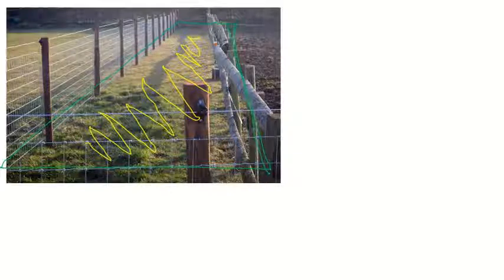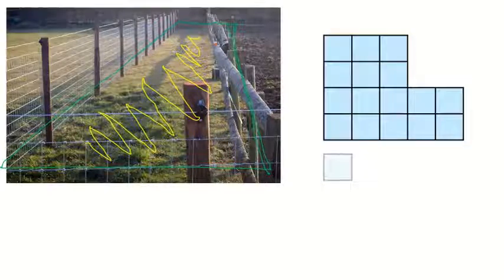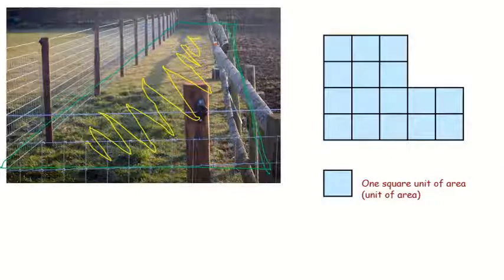They can then count up the number of units of fencing around the edge to determine a perimeter. So in this case, they could count the squares for the area, and we can then even count the number of fences.